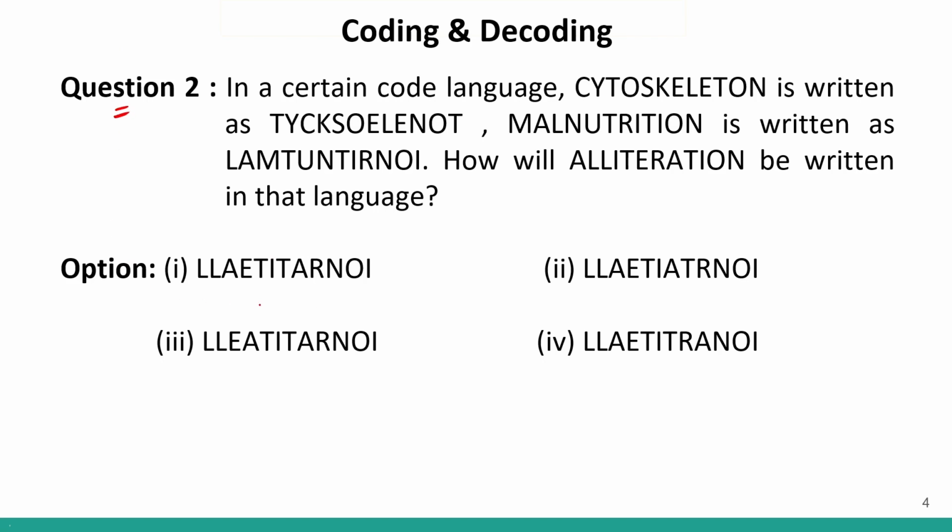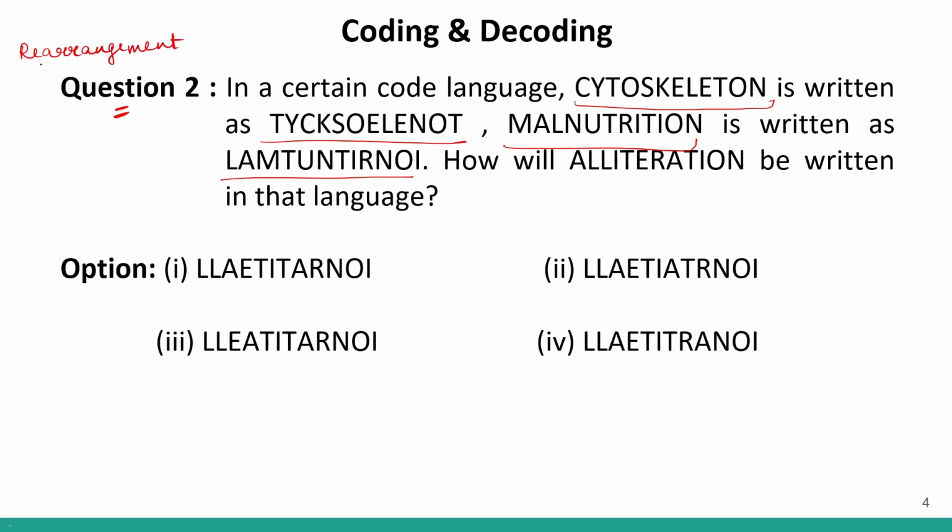In question number 2 we have a certain word, CYTOSKELETON, which is coded like this, and MALNUTRITION, which is coded like this. Now when I look at the words I can see that they are the same alphabets, just rearranged differently. So maybe the concept of forward rank and backward rank is not involved, but the concept of rearrangement is involved.